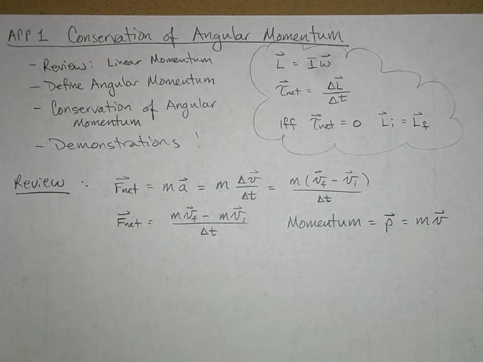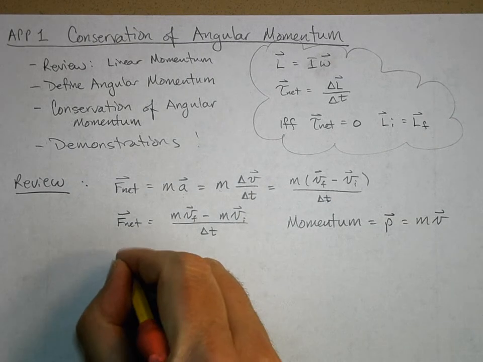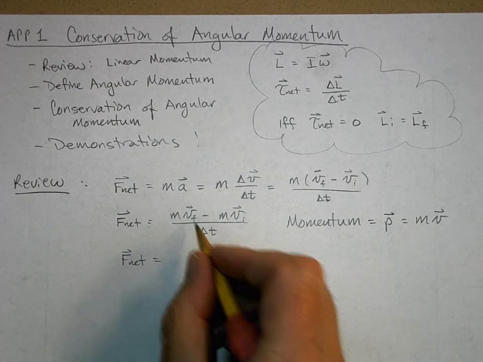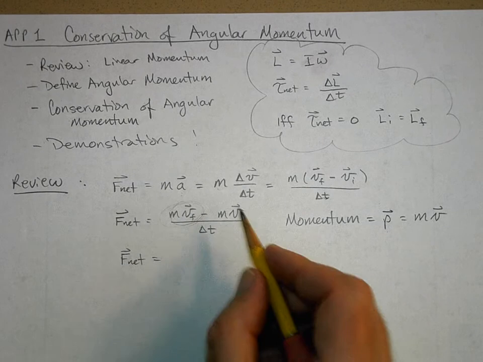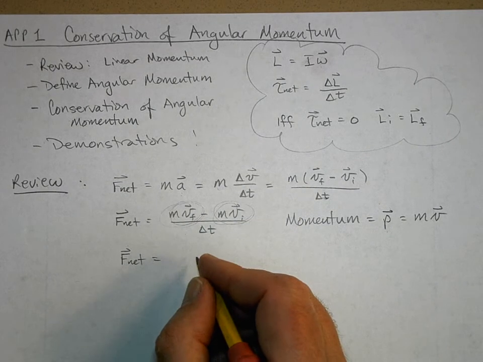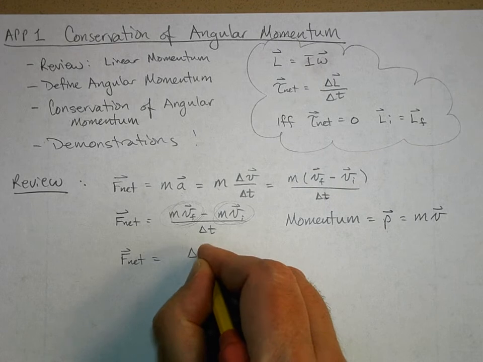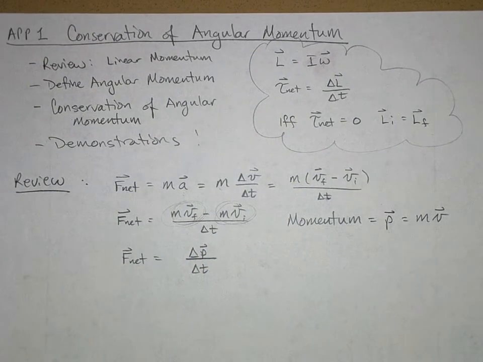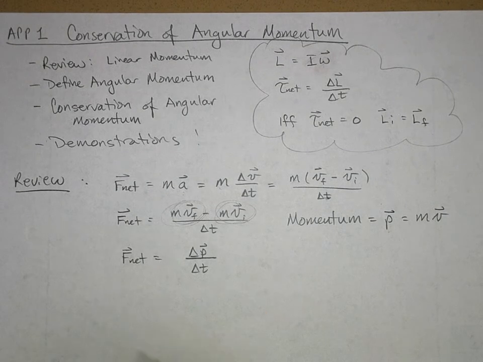And so we go back and say the net force is equal to, if this is the final momentum and this is the initial momentum, then this is really the change in momentum over the change in time. And this is Newton's second law. This is how Isaac Newton described it. He described a net force as being something applied to an object that's going to change that object's momentum.